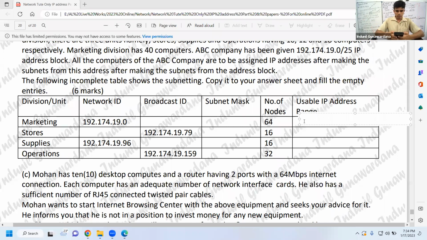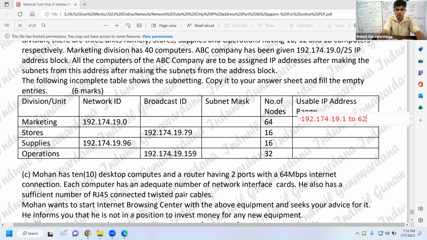The usable IP range for marketing goes from 1 to 62, and we can type it like 192.174.19.1 to 62.